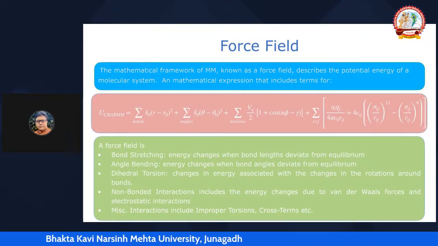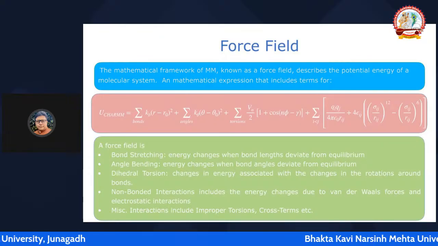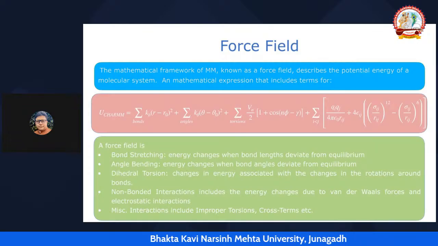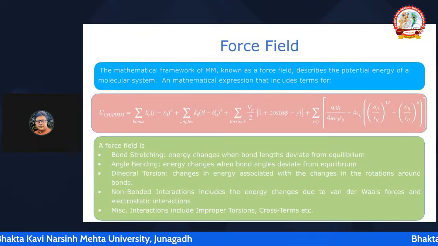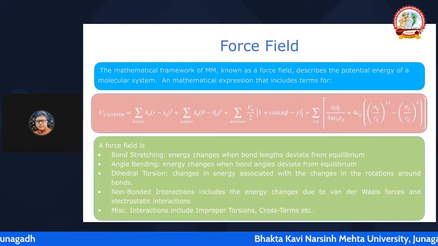These changes in energy can be captured by the equation k theta (theta minus theta 0) the whole square, where theta is the angle between the three atoms and theta 0 is the angle at equilibrium.